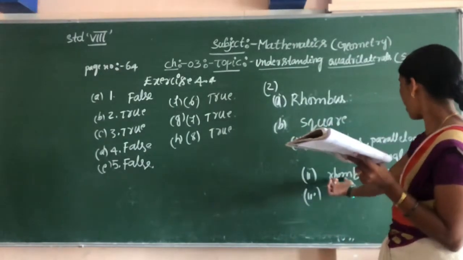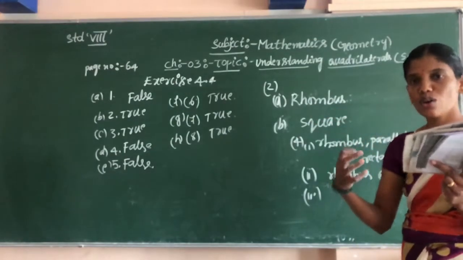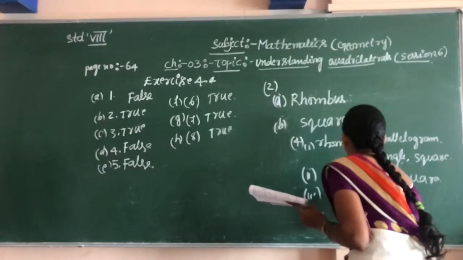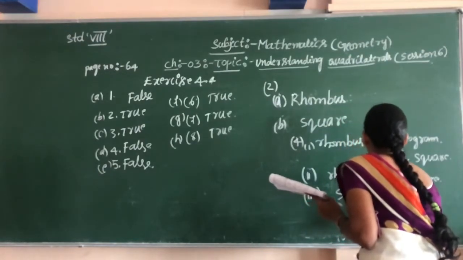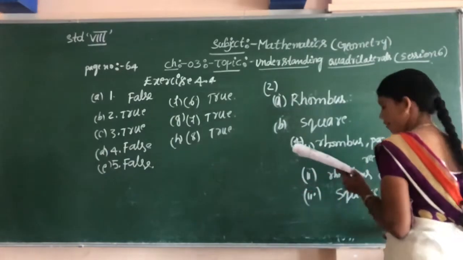Which one is rhombus or square? In the next, diagonals are equal, so already you know square or rectangle. Okay children, have you got it?